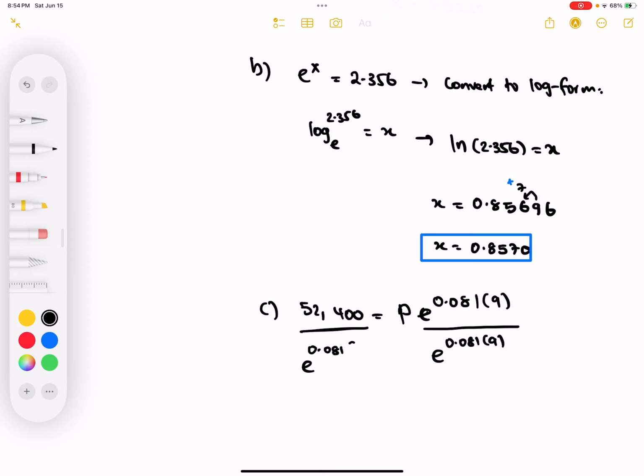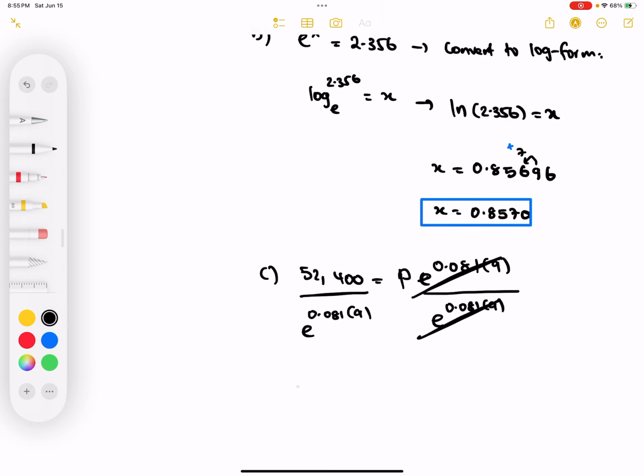This cancels, so p is equal to 52,400 on top, divided by, please use parentheses in your calculator, open parenthesis, e to the power of 0.081 times 9, and close the parenthesis.